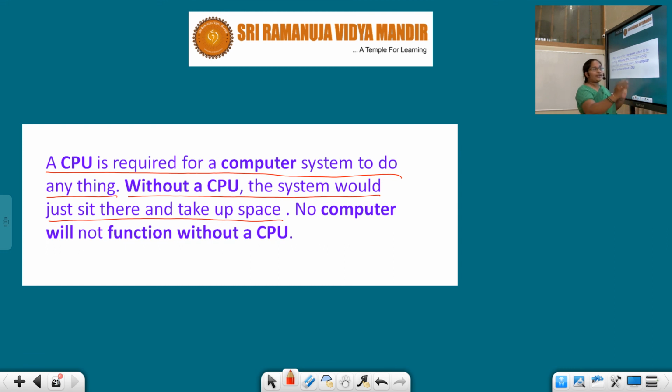It will just take up space in the corner and sit idle. It won't move or do any operations. So no computer will function without a CPU.